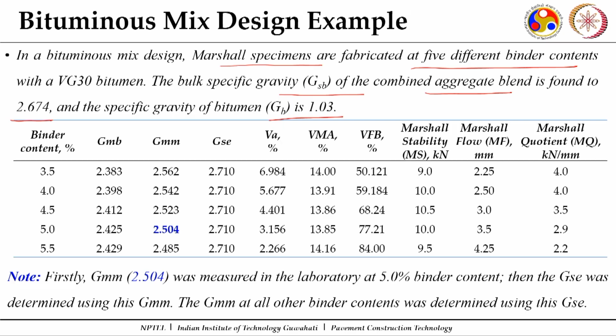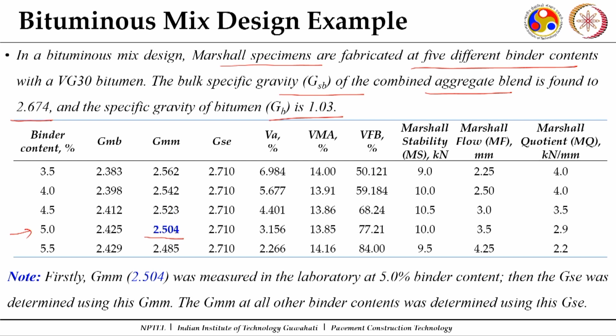Then, as I mentioned, we can determine the maximum specific gravity at a particular binder content, which may be quite close to your optimum binder content, because this comes with experience with different kinds of mixes. So 5% was selected, and there the GMM was determined at laboratory scale.